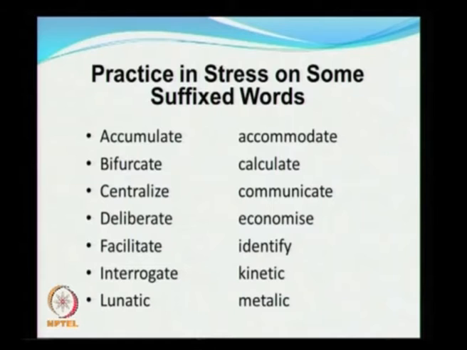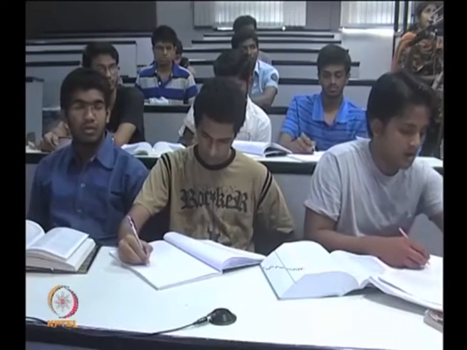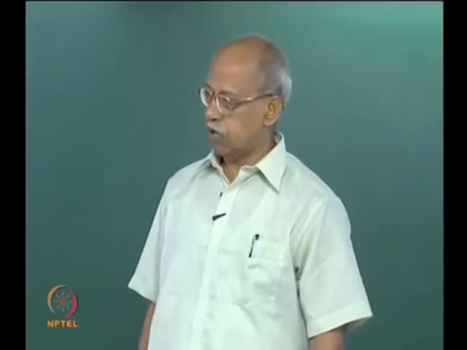Next, kinetic. When you have IC, then it takes stress immediately before. So, what is it? Kinetic. Okay. Next, lunatic. Actually it should be lunatic, but this is an exception. By rule, all words ending in IC take stress immediately before IC.